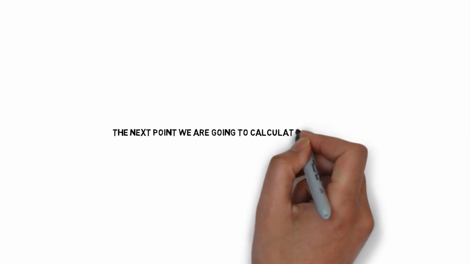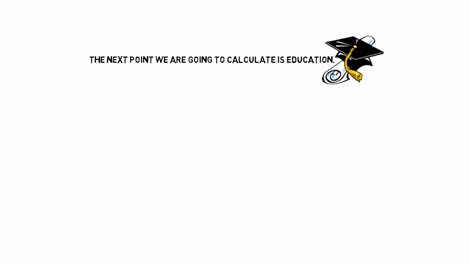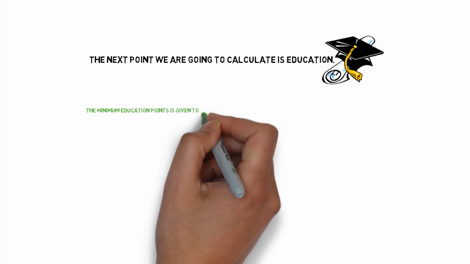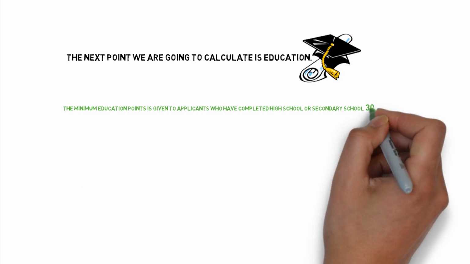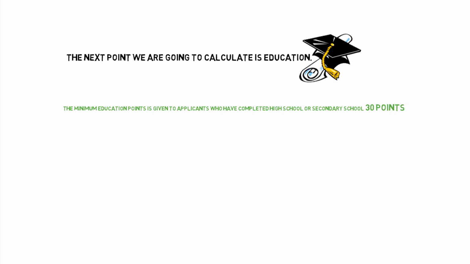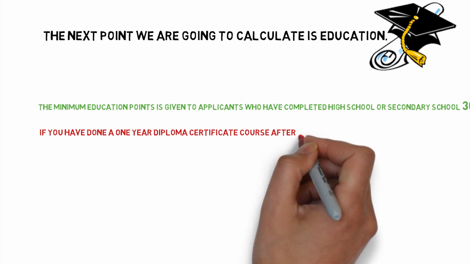The next point we are going to calculate is education. The minimum education points is given to applicants who have completed high school or secondary school, and they are given 30 points. If you have done a 1-year diploma course or a certificate course after your secondary school, you get 90 points.